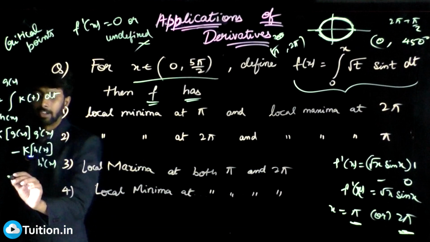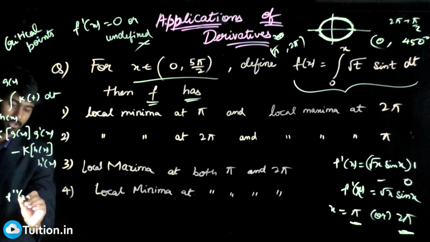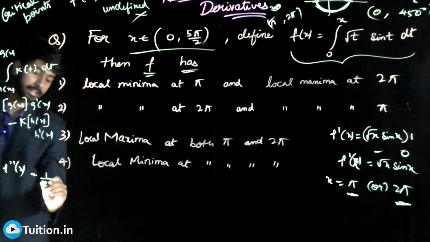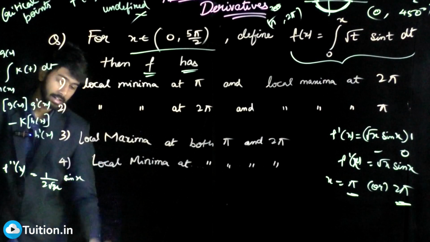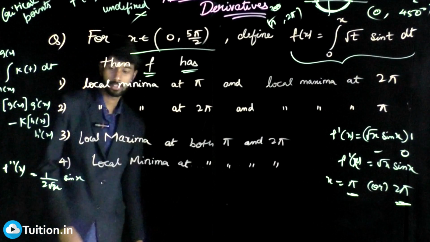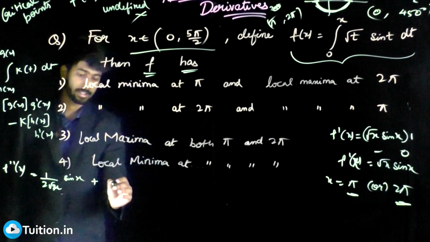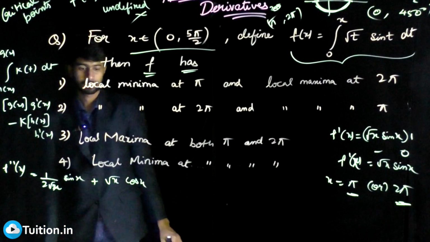I'll rather use the second derivative test, which means I'll have to differentiate this function once more. So what I'll get is 1 by 2 root x into sin x, plus root x into cos x.